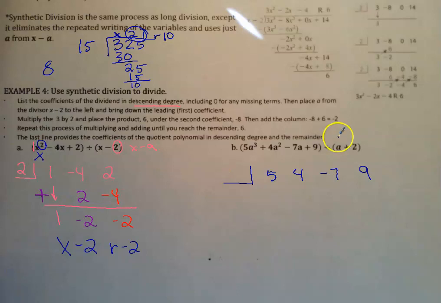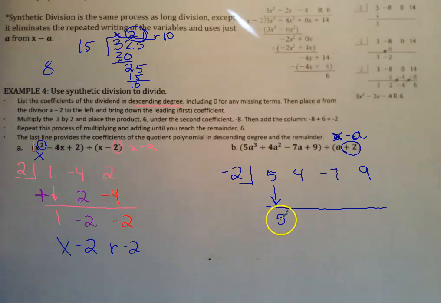This time our formula is x minus a, so we have to use a negative 2 since this is a positive 2. We bring down the 5, and that's our setup. Then we're ready to start doing the math.